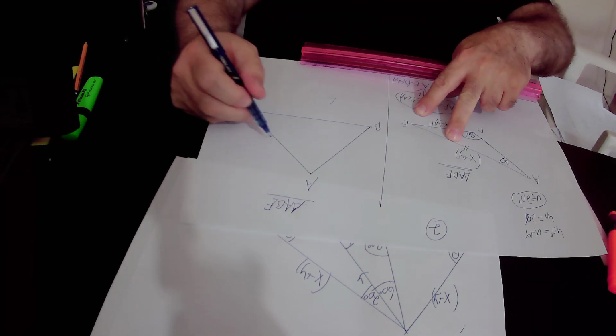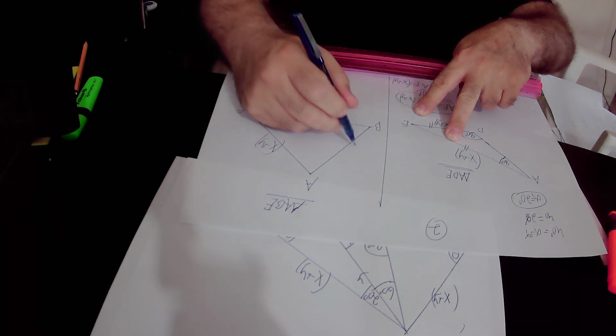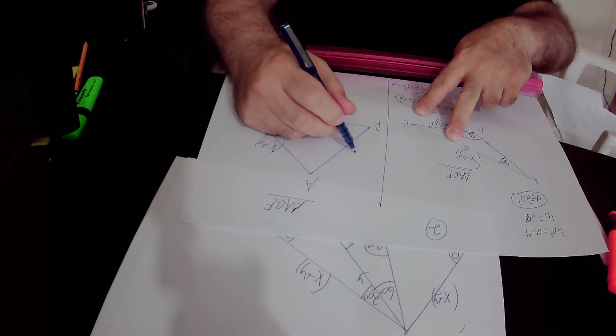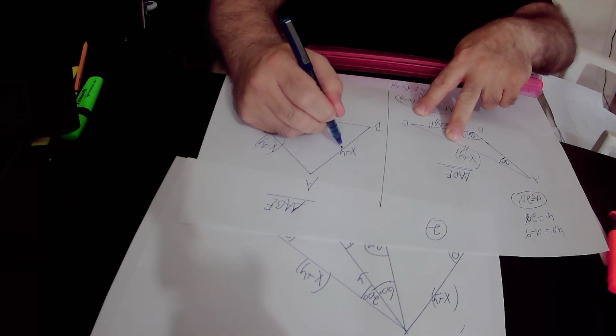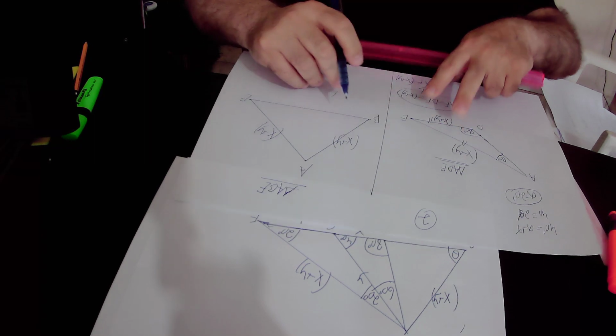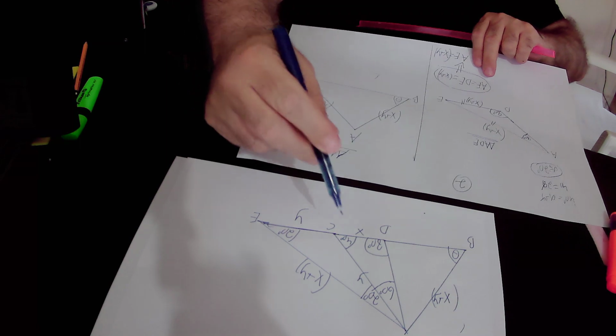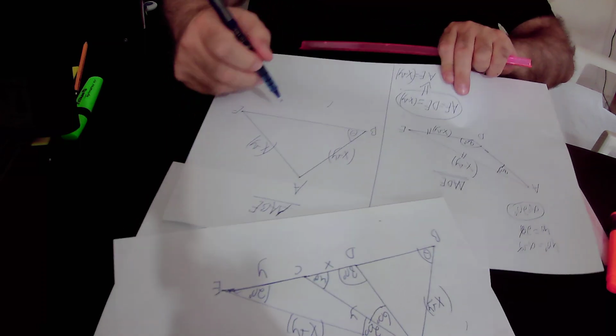We found out that side AE equals x plus y. The question gives us that side AB also equals x plus y. Angle ABE equals theta, and we already found out that angle AEB equals 20 degrees.